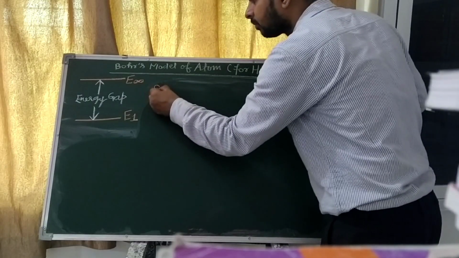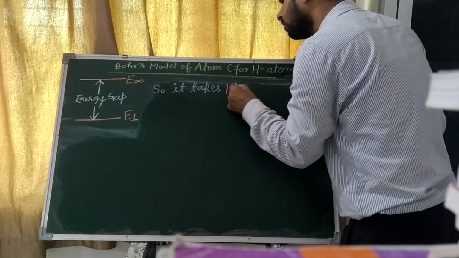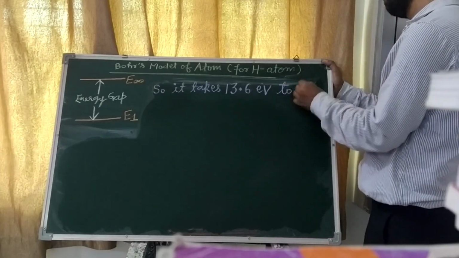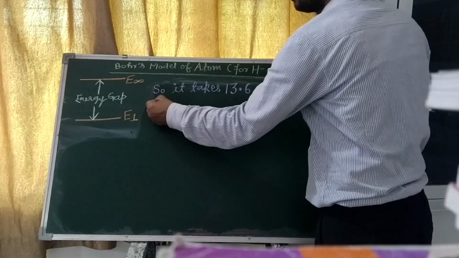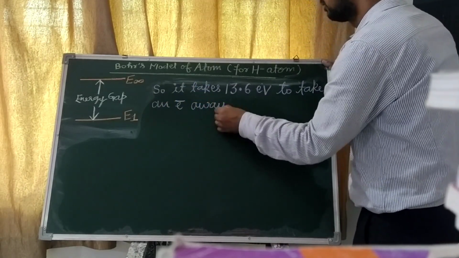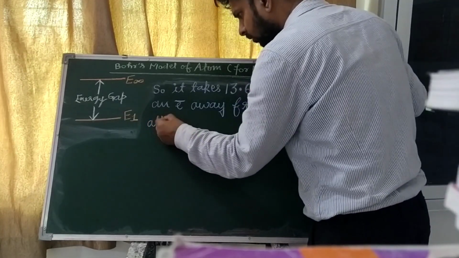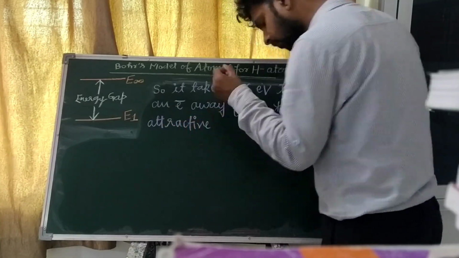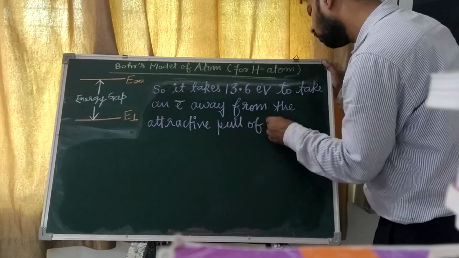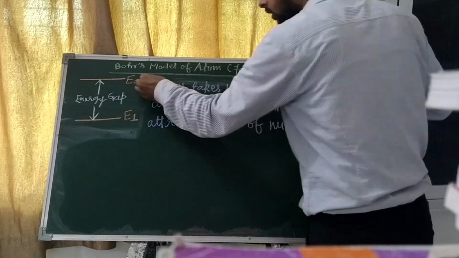So it takes plus 13.6 electron volt to take an electron away from the attractive pull of nucleus. Always you will remember it. Can mark it as even important.